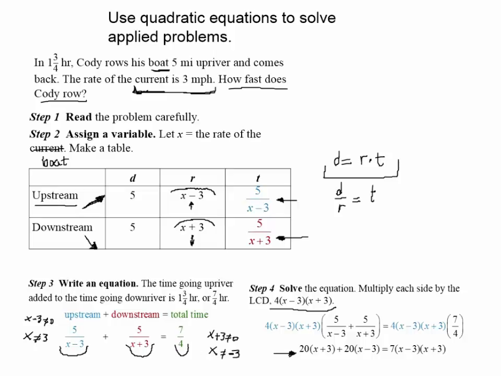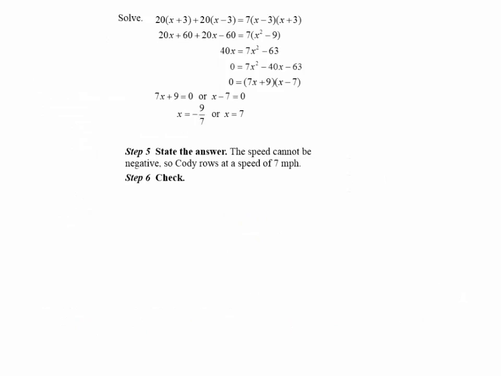To solve for this, we simply have to distribute and solve for x by combining like terms. We all know how to do that by now, so let's take a look. Once you distribute and combine like terms, you want to get it into standard form so we can factor.